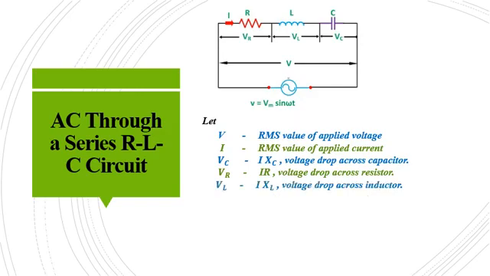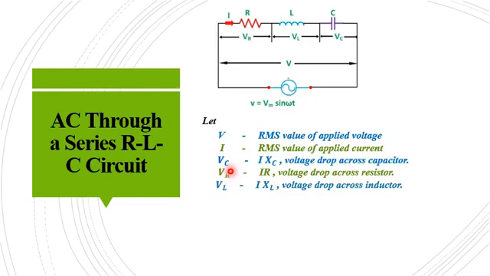Then VL, that is the voltage drop across the inductor, is given as I into XL, where XL is the inductive reactance. These values Vc, VR and VL are all RMS values of the voltage.